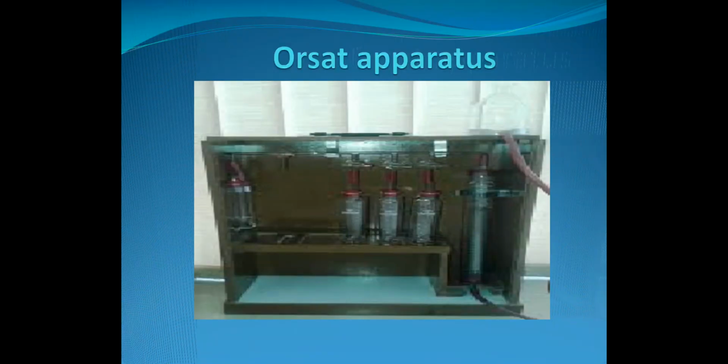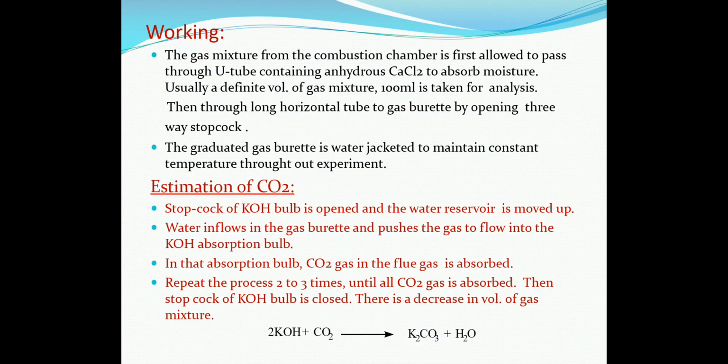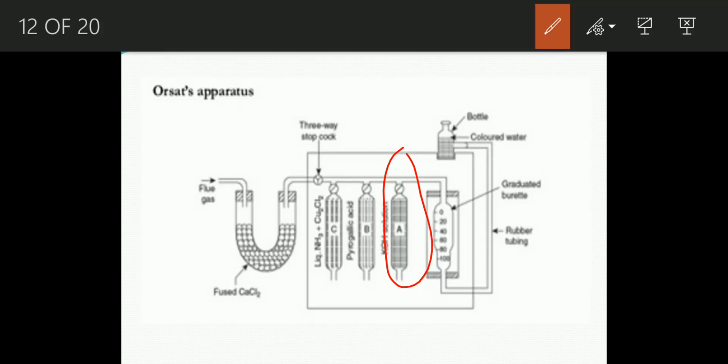Here it is an Orsat apparatus which is used in laboratory, and here the working. First of all we have to open the stopcock of potassium hydroxide bulb, that is A bulb.